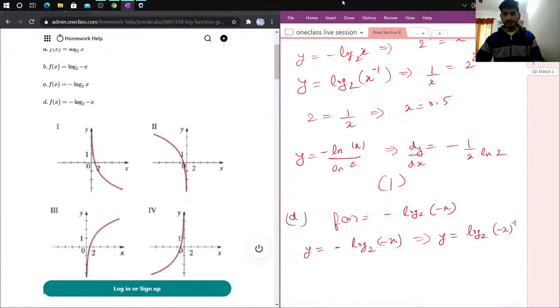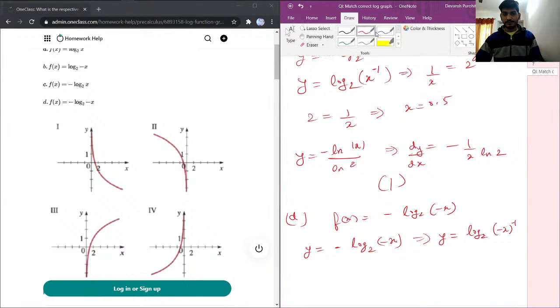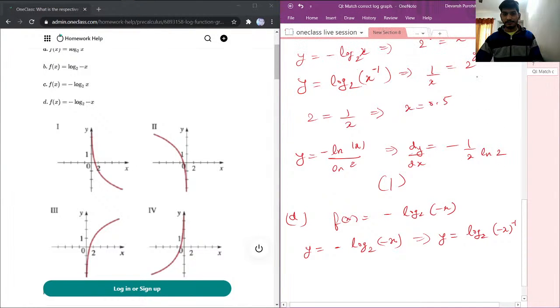If you don't know the property, log of a with power b will be equal to b times log of a. So we are just using the opposite.